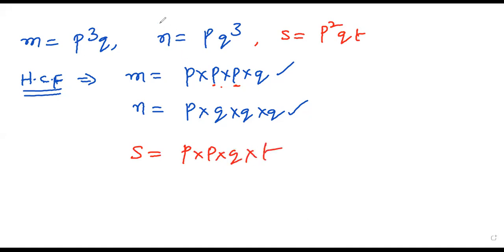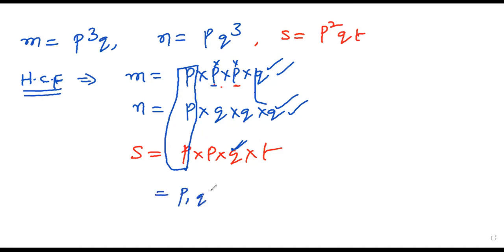I already told you a factor should be present in all three numbers, then only we take it out. For this p, here we don't have any p, so it is cancelled. For q, here q, here q, here also q is there. So in this case also p and q are the HCF of m, n, s. Okay, it is clear, right?